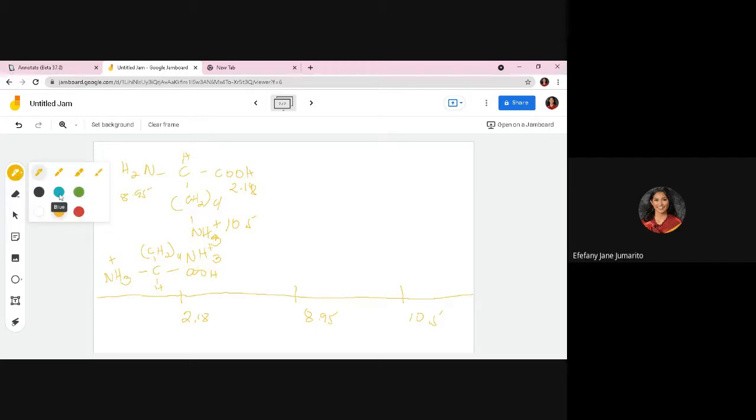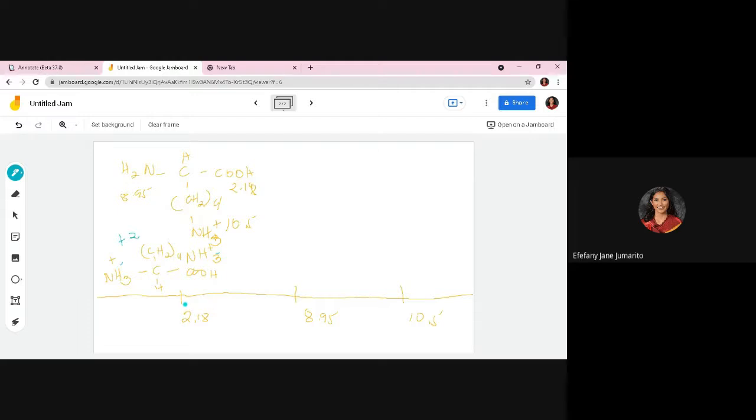Okay, what's the charge here? Positive 1. We have positive also here in NH3. Positive 2. Okay. Now, for after 2.18, what will happen?